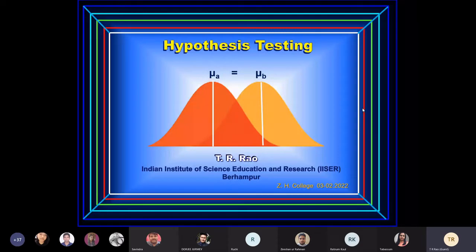Let us look at some hypotheses. You already had some idea what exactly hypotheses are and how they are testable or not, and all those basic principles of hypothesis. I'll take up directly some examples.